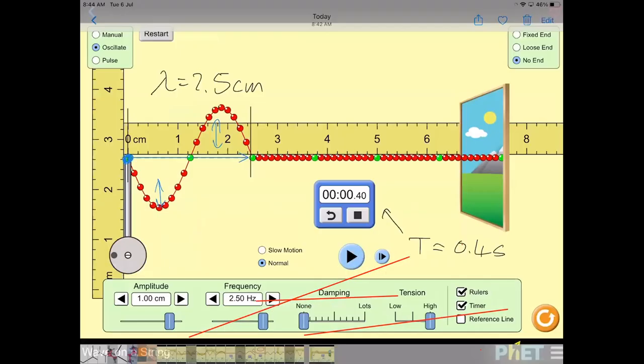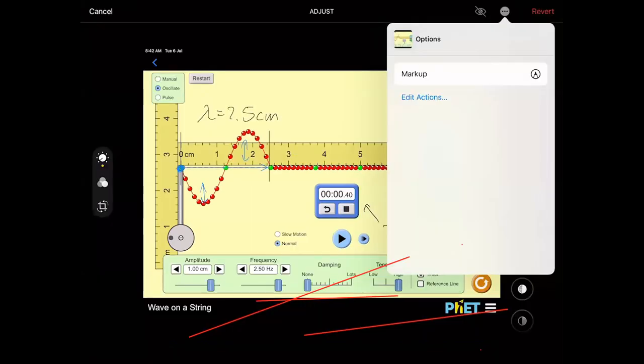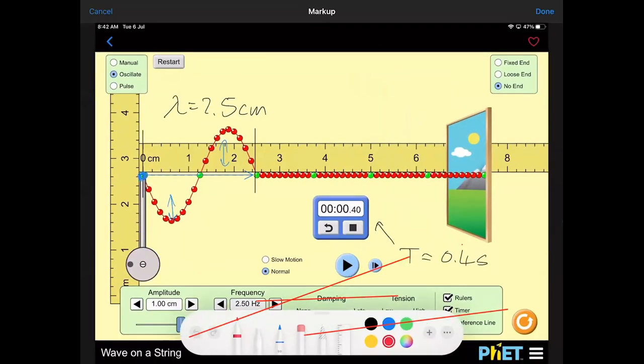So when we look at our wave, we ask ourselves, what is it that is moving? What is it that's moved the distance of the blue arrow? The kinetic energy, correct. The kinetic energy, or the work done, has been moved.